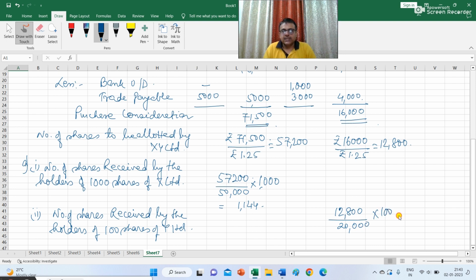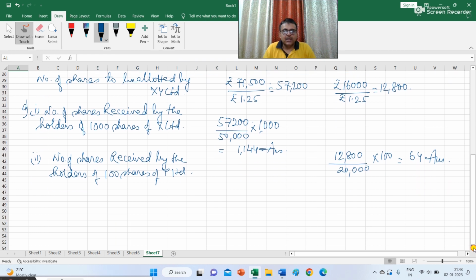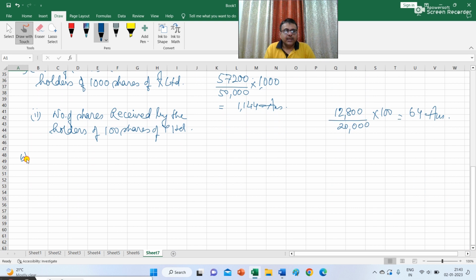So for 100 shares, 64 shares will be allotted of XY Limited. So this is the first answer, 1,144 and 64. And now we have to draft the balance sheet of XY Limited.